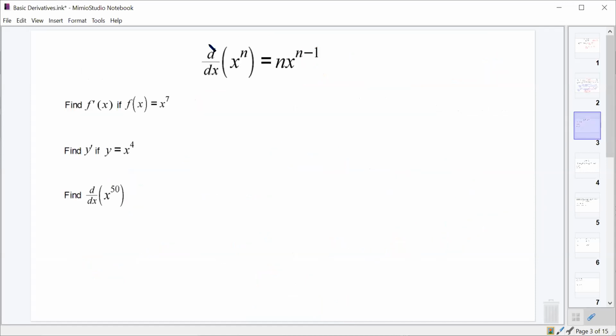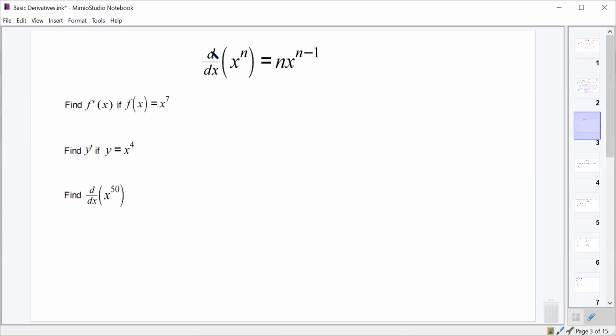So first off, this is the power rule we just talked about. This d over dx means the derivative with respect to x. So all the with respect to x on the bottom part here means is that the variable within the equation we're looking at is an x.